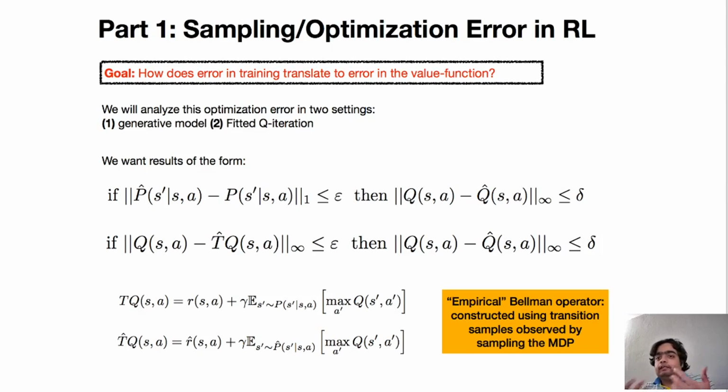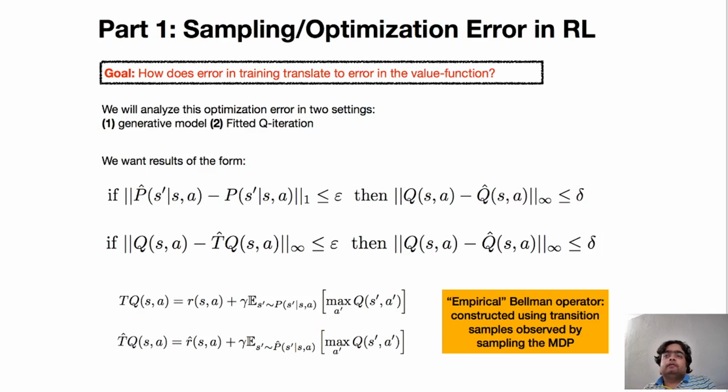When you have a deterministic reward, which means the reward function is not stochastic, then r hat is equal to r, which is typically the case. In theory, the reward function can be stochastic, and in that case r hat may not be equal to the mean reward or the actual reward. Just as I said, the empirical Bellman operator is constructed using transition samples observed by sampling the MDP, which is what T hat refers to.